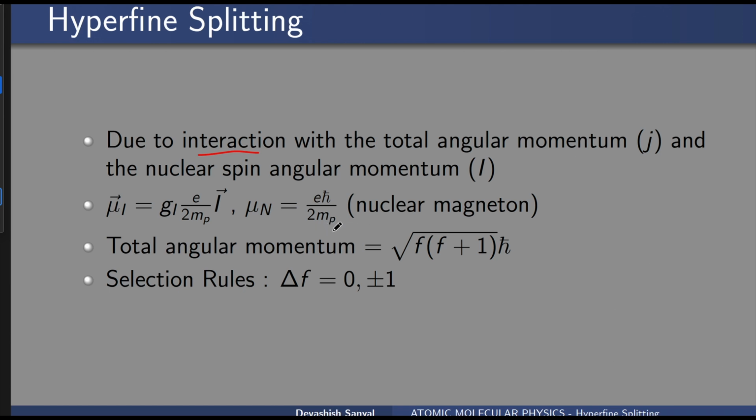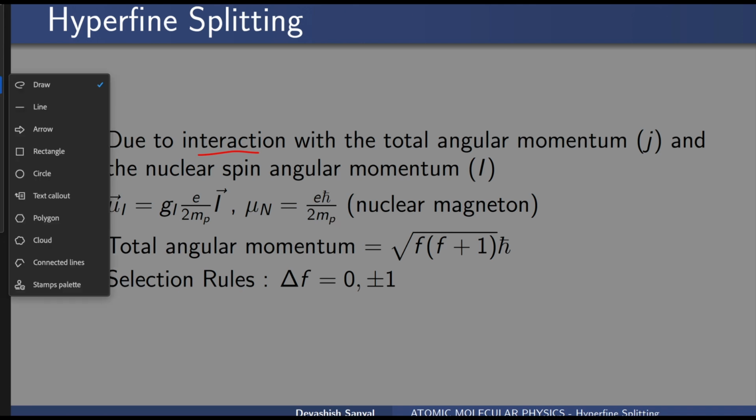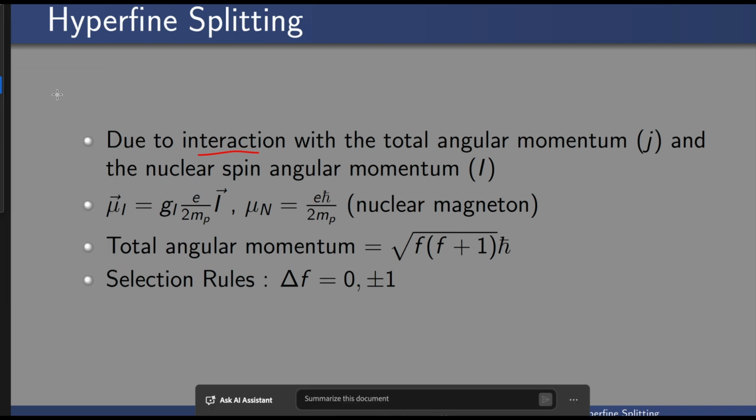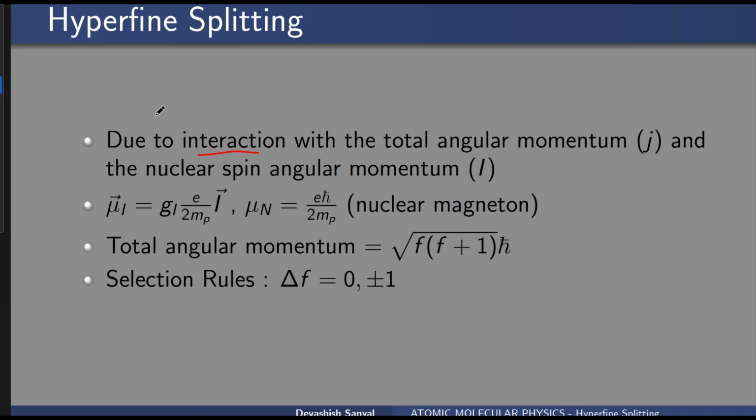You can see that the mass of the proton is much greater than the mass of the electron, so this quantity is very small. It's much smaller than the Bohr magneton, and hence you can say the nuclear magnetic moment is very small.